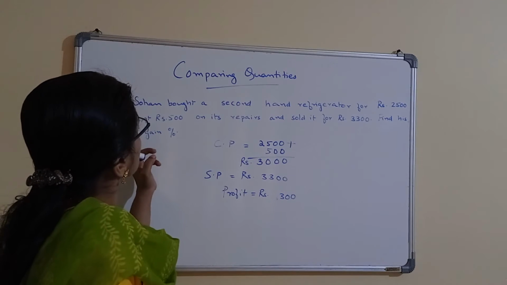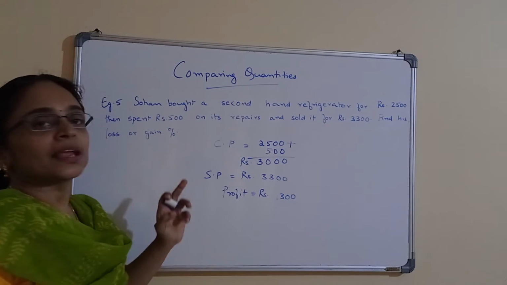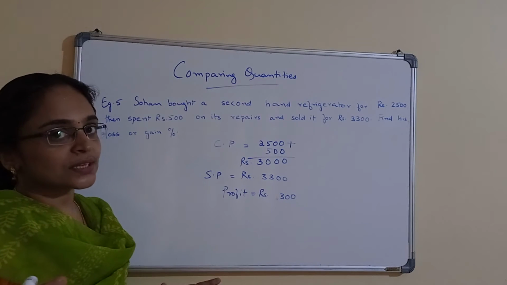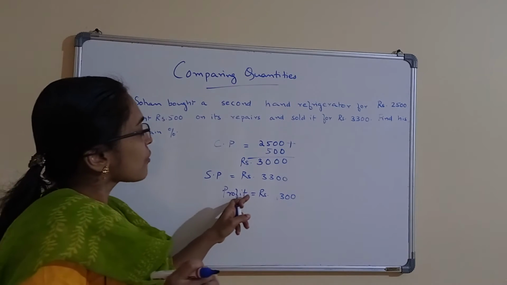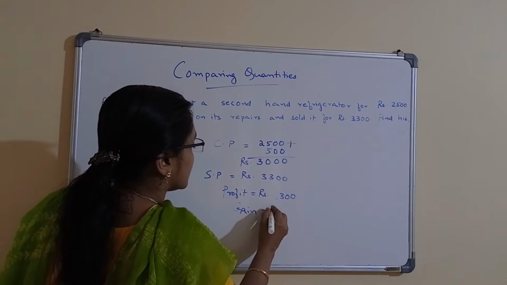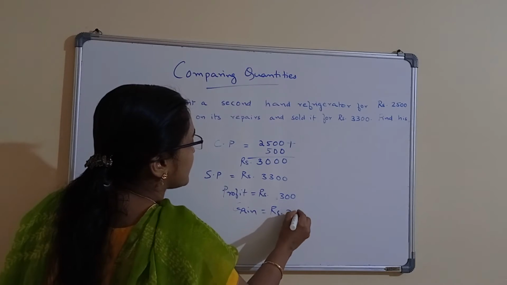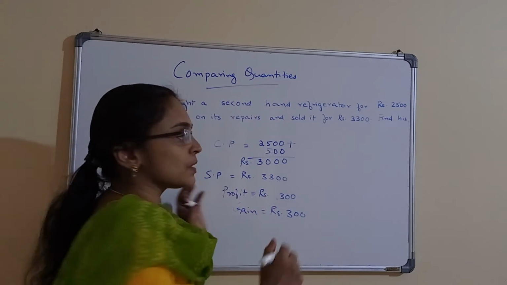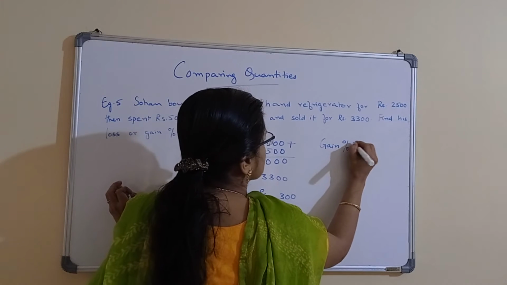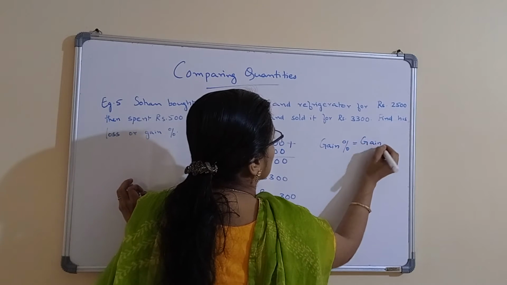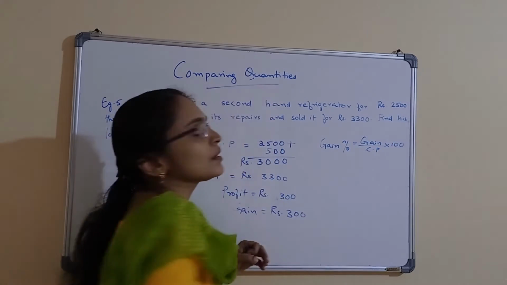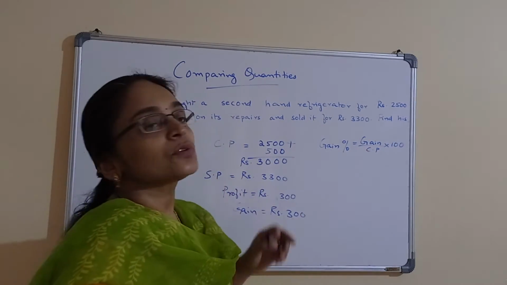So profit is equal to 300 rupees. Now we have to find the loss or gain percent. Gain is profit and loss is the amount he loses, right? So profit, that is gain, is equal to 300 rupees. Now we have to find the gain percent. Gain percent can be calculated as gain by cost price into 100.